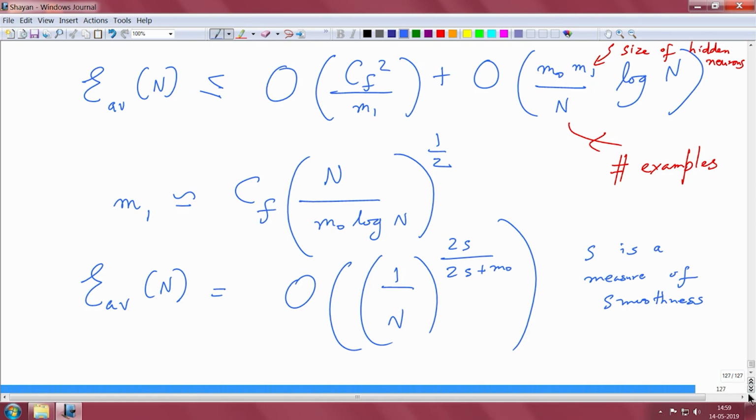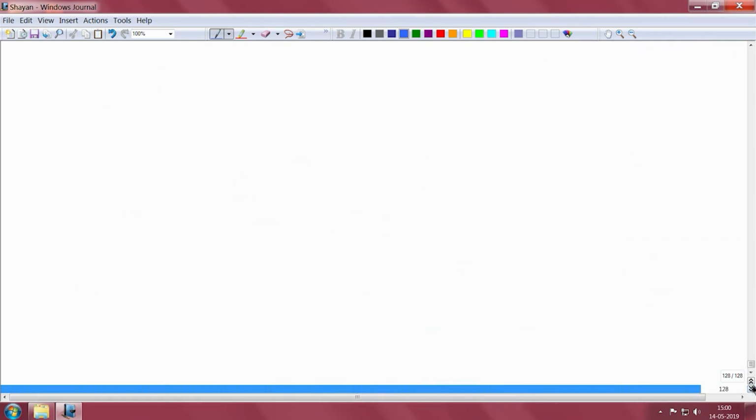So what it really means is the following: the sampling density is proportional to the m naught root of the number of data samples. That is, the sampling density is proportional to the m naught square root of the number of data points.